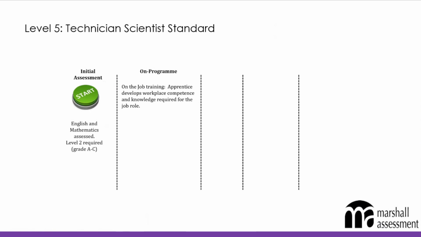You're developing skills with your employer every single day, and you're meeting regularly with your training provider, and they're also developing you, may well be giving you qualifications, as well as developing your knowledge and skills around the role of technician scientist and creating a portfolio of evidence to support you for that.